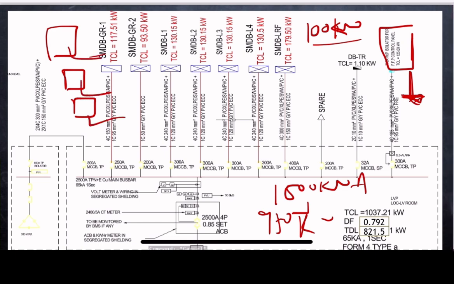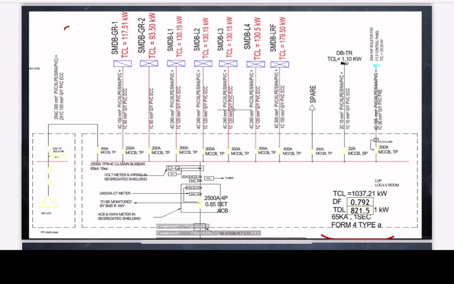As the fire alarm is activated, these services will be closed. So the total connected load on the building during fire condition will be very less. So if the 125 kilowatt fire pump starts in this situation, it will not be harmful for the transformer. Here you might be confused that the SMDB load is greater than 100 kilowatt. This SMDB also has greater than 100 kilowatt.